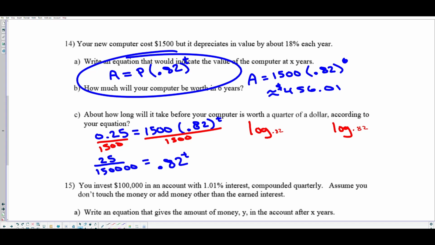So log base 0.82 of 25 over 15000 is going to equal log base 0.82 of 0.82 to the t power. And by doing that, we will have just t on the right hand side.